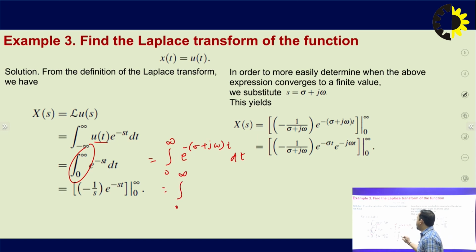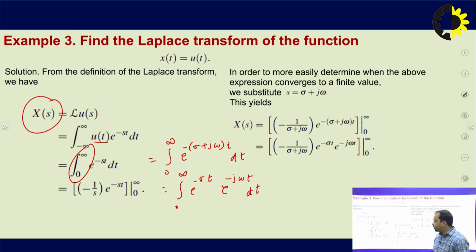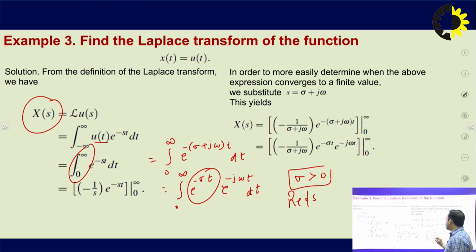the integral from 0 to infinity of e raised to minus sigma t and e raised to minus j omega t dt. If we want the Laplace transform X of s to converge, the quantity e raised to minus sigma t has to converge. This will converge when sigma is greater than 0, or we can say the real part of s is greater than 0.